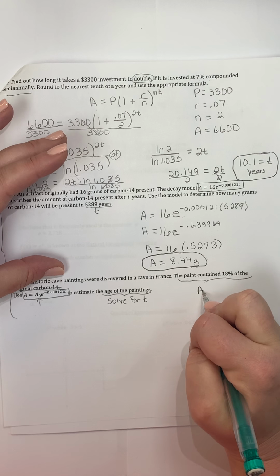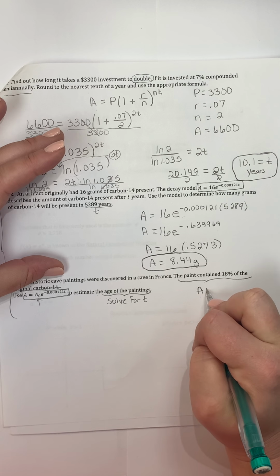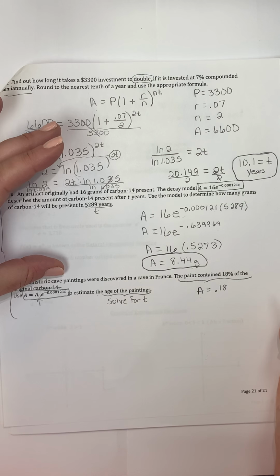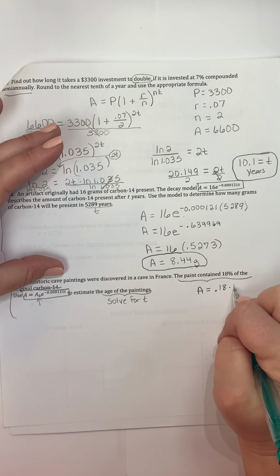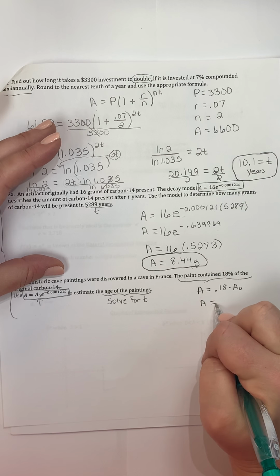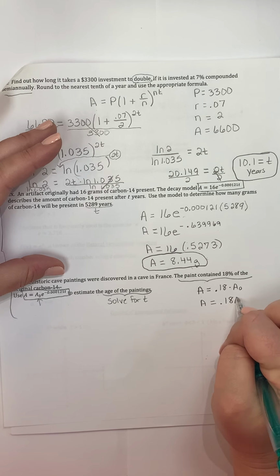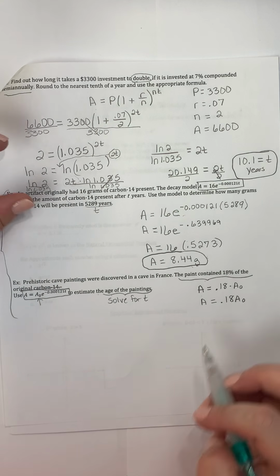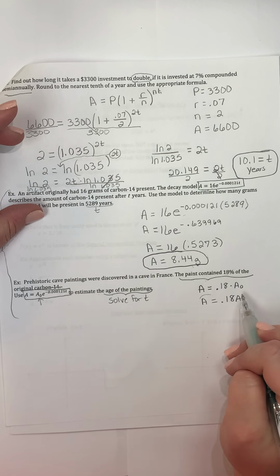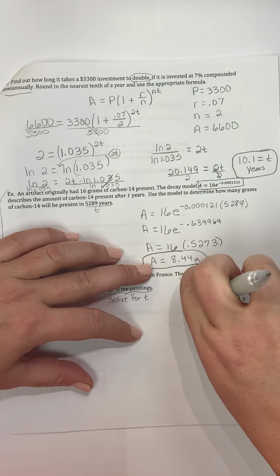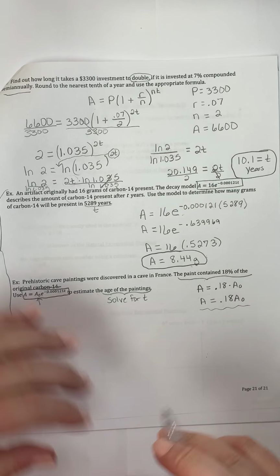So the paint we have now is equal to 18%, turn that to a decimal, of the original. Or in other words, A is 0.18 of the original, A of 0. This is the key. Okay, I don't want to circle it because I don't want you to think it's the answer, but this is the key to putting in a number.